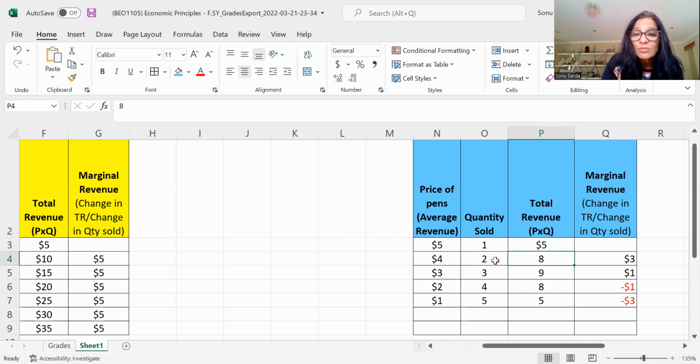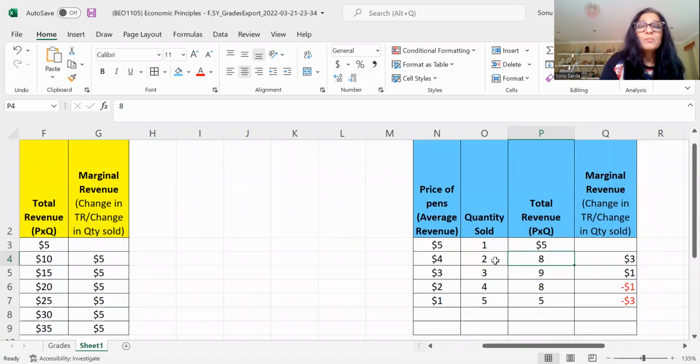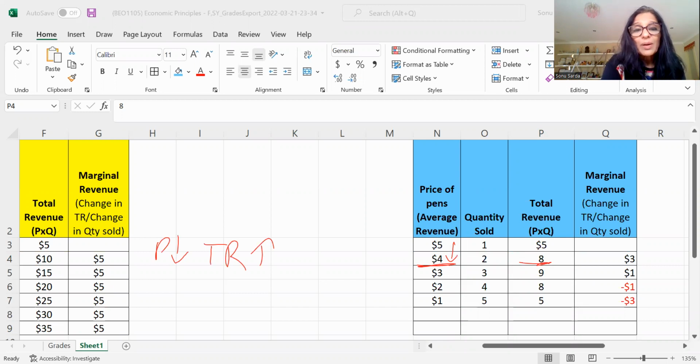So back to this, in this case, the total revenue is showing a very typical feature that you have learned from elasticity. And what is that feature? As the price is decreasing, total revenue is increasing to start with. If I draw that, I'll show you on the next bit, it means elasticity is more than 1.